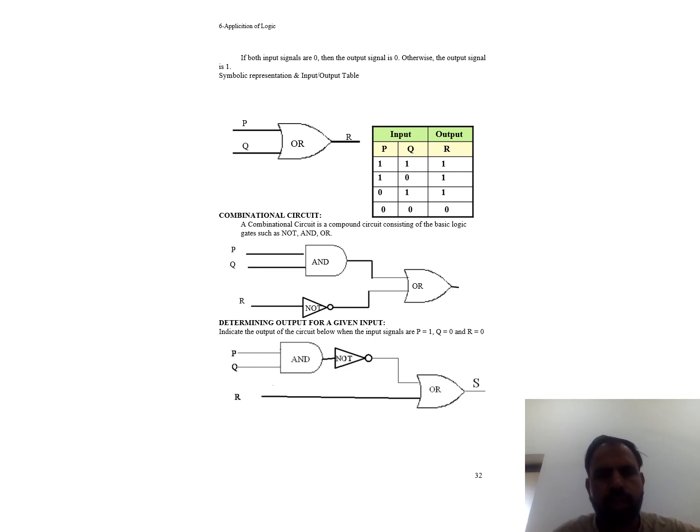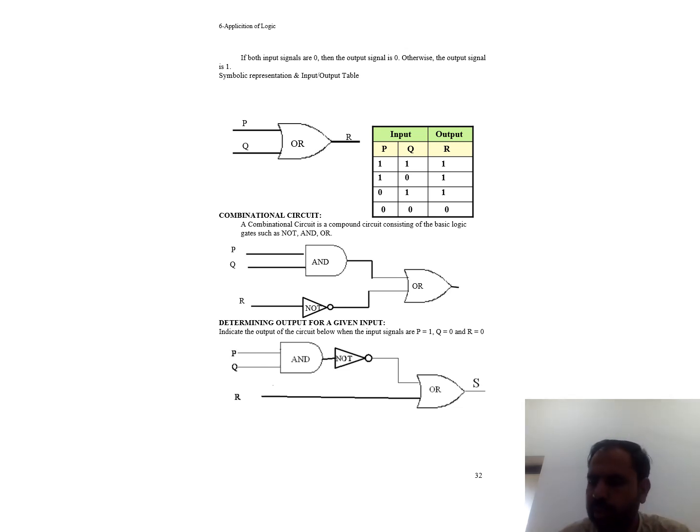OR gate means if one of P or Q is 1, then the output R is 1. If P1, Q1, then output R is 1. If P1, Q0, then it's 1. It means it's P or Q. You can see it as a union. If both are 0, then it's 0.